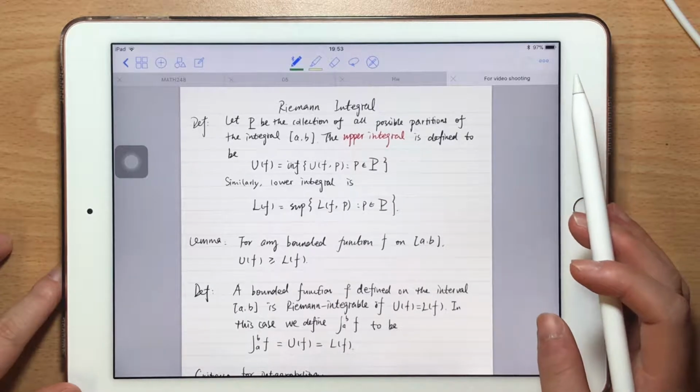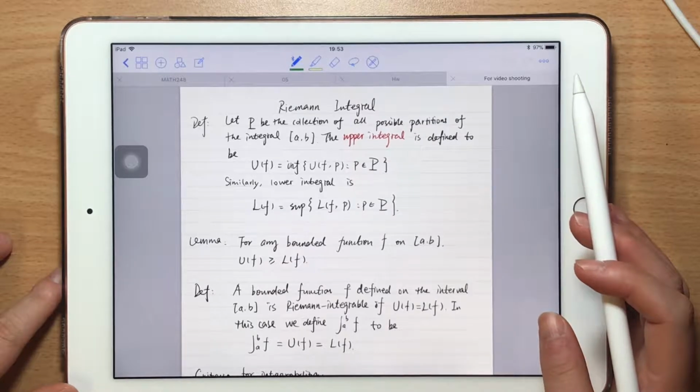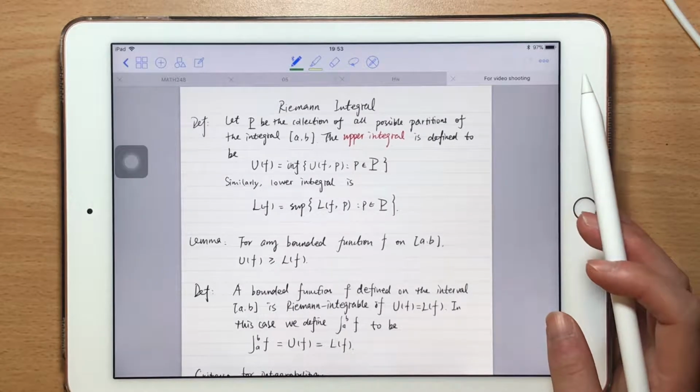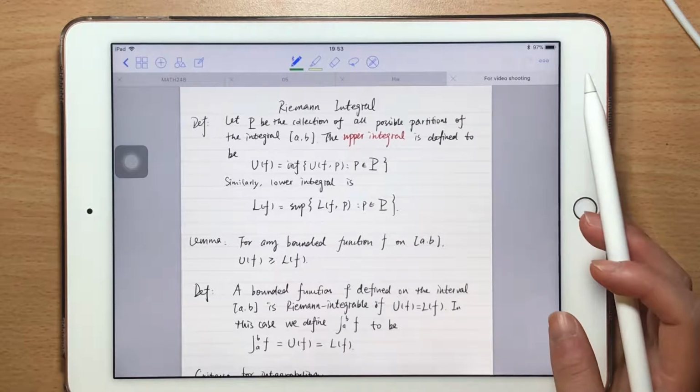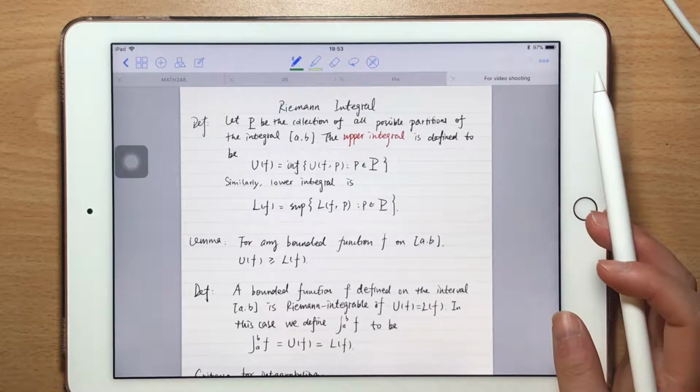Well, if you remember, I said in last video that ideally we want to approximate the integral by the lower sum and upper sum such that the gap between them is so close that they are almost the same, right?